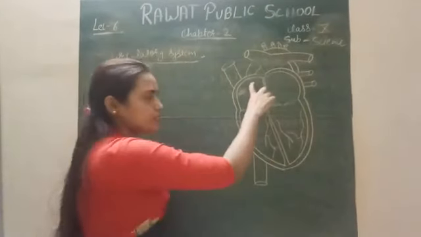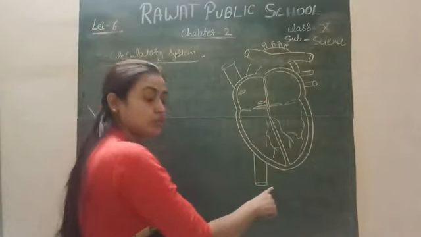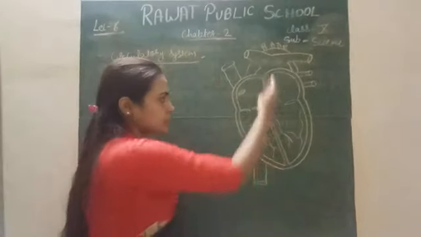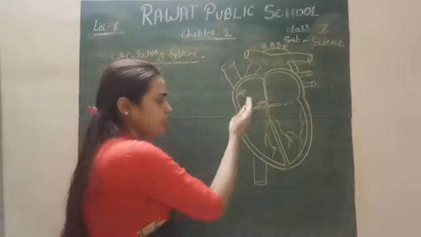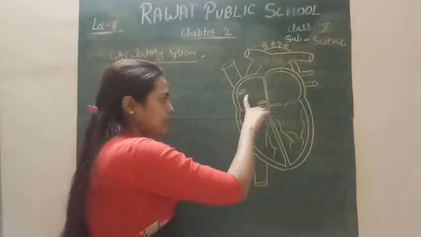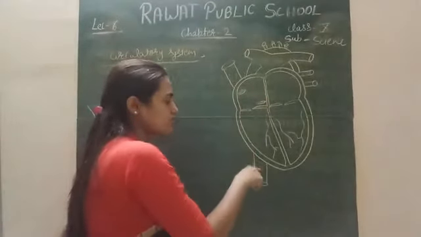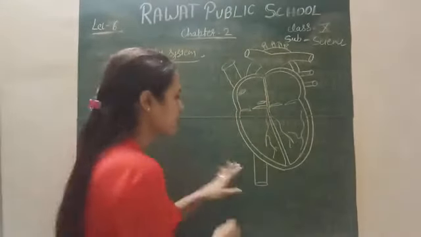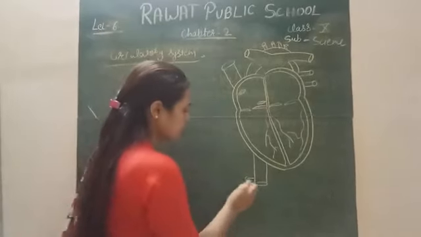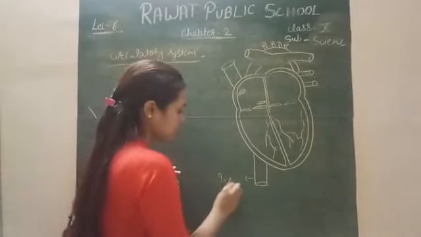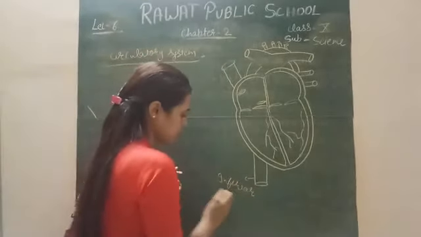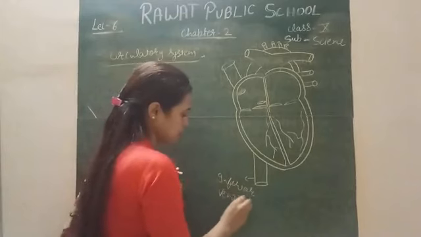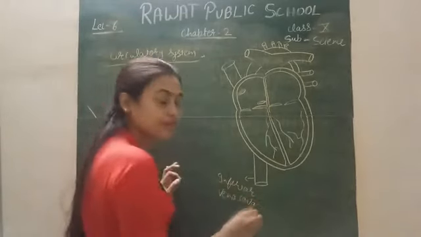This is the right portion of the heart, and this is the left portion. This is the auricle and ventricle. The right portion receives 2 veins called the vena cava. This is the inferior vena cava, the largest vein.